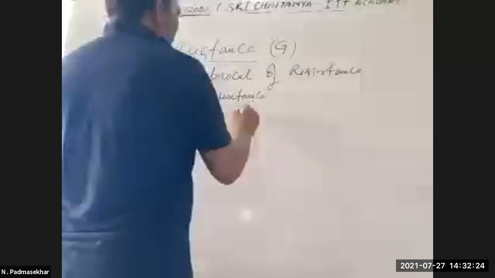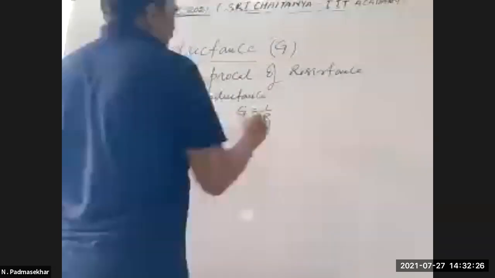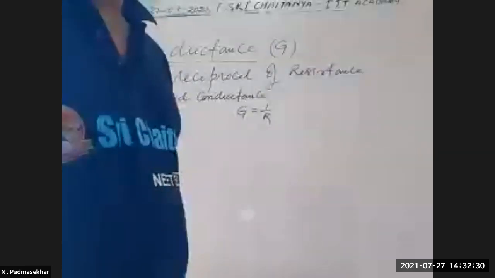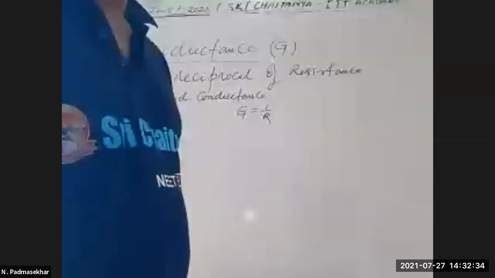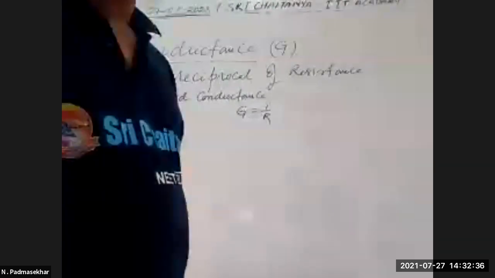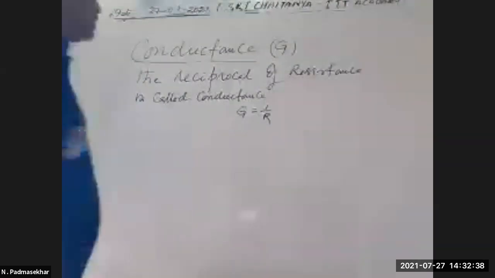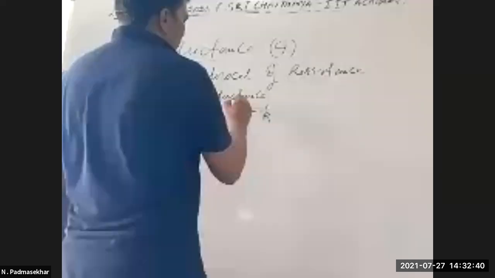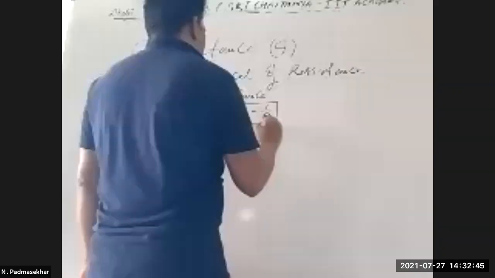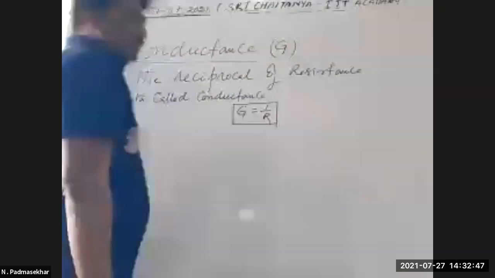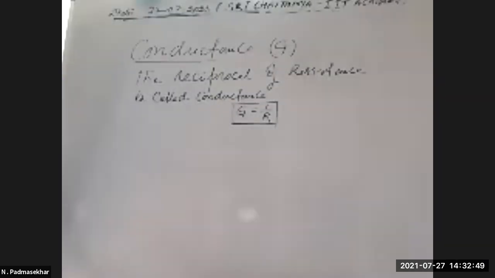So this conductance G is equal to 1 by R. The reciprocal of resistance is called conductance. G is equal to 1 by R.